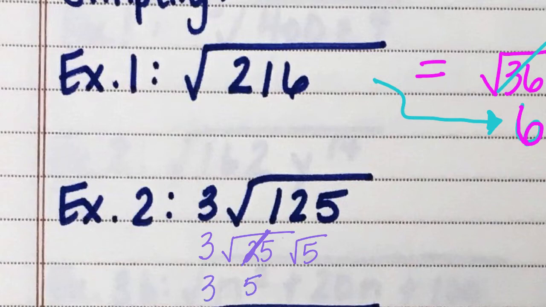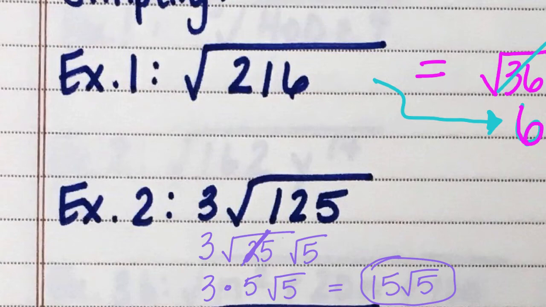So this 3 is saying 3 times 5 root 5, which is 15 root 5. So notice we're just taking the square root, breaking it down to our perfect squares. This is why your math teacher made you memorize your perfect squares, and writing them as a simplified radical.